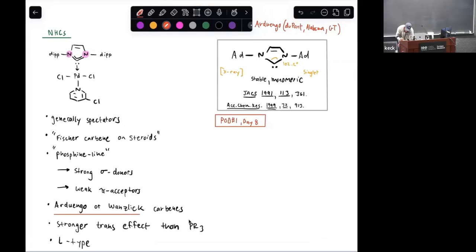So Alex, give me a thought here about how you'd make this. I think you can take the adamantylamine, glyoxal, and formaldehyde or paraformaldehyde, cook it up, and that gives you the cation, and then you deprotonate it to give the carbene.